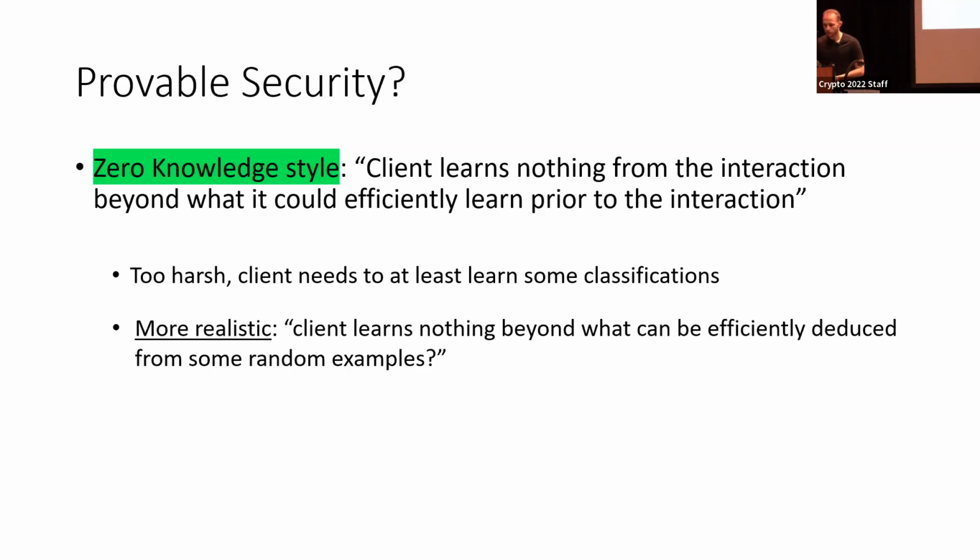So something more realistic, which is a little weaker, is maybe the guarantee that the client learns nothing beyond what can be efficiently deduced from some random examples about the model. So this is a bit more interesting.